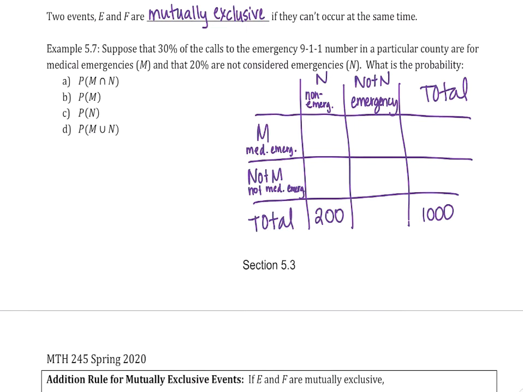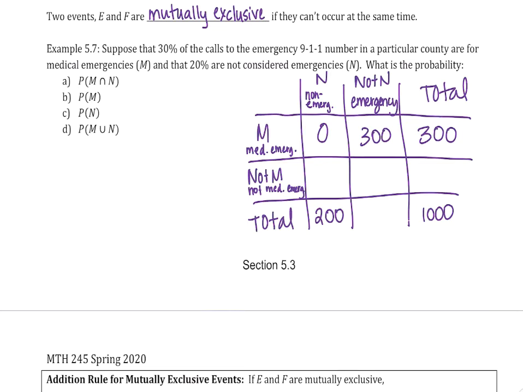How can you have a medical emergency that's not an emergency? Okay, it's not possible. So this first box right here would be two events that are mutually exclusive. You cannot have a medical emergency without having an emergency, so there are no observations that will go in that particular box. The medical emergencies are all going to be emergencies, so these 300 calls will actually go right there.